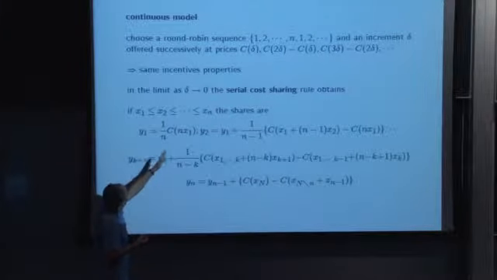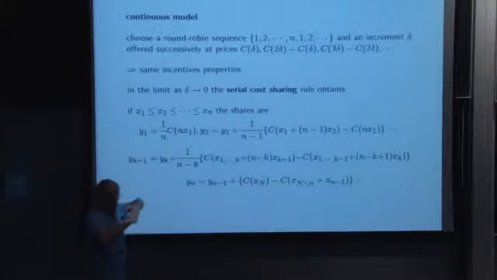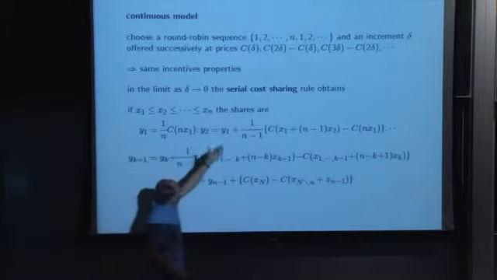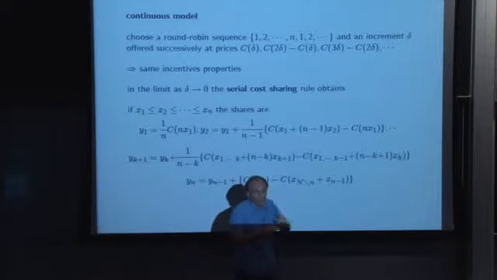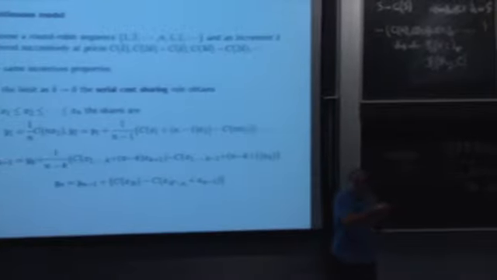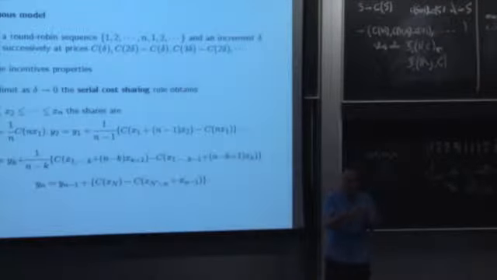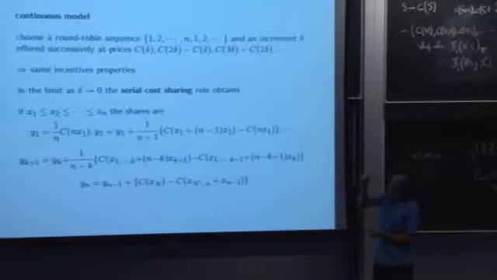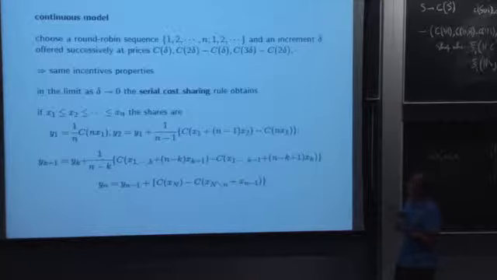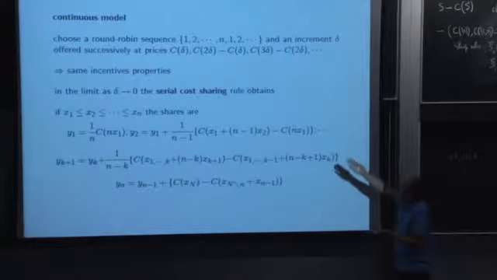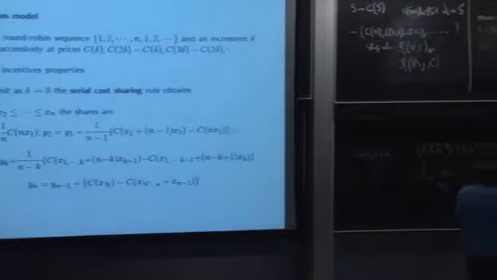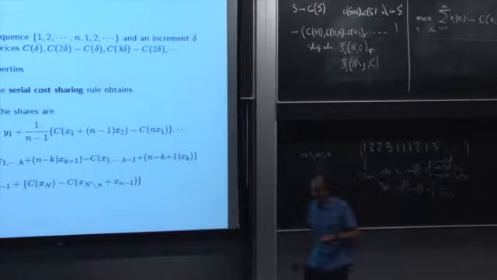Everybody can ask for any positive amount, so each time you have to define how much of the unit you are offering. At each step you ask: how much do you want between 0 and delta? If you let the round robin go and diminish the increment, going to the limit, you obtain the serial cost sharing rule. And of course the strategic properties are preserved.